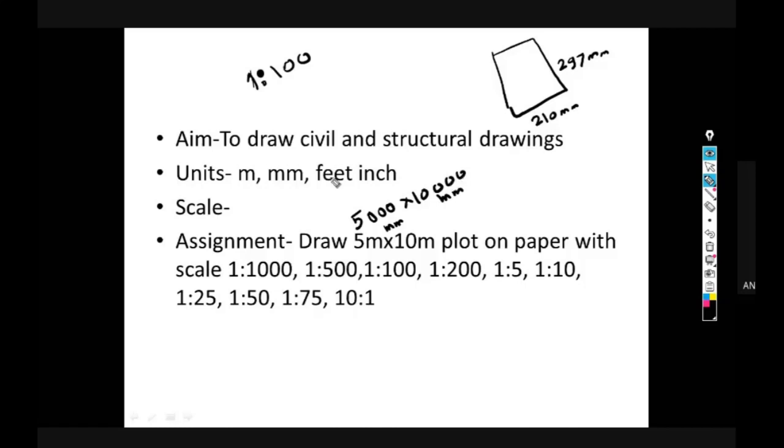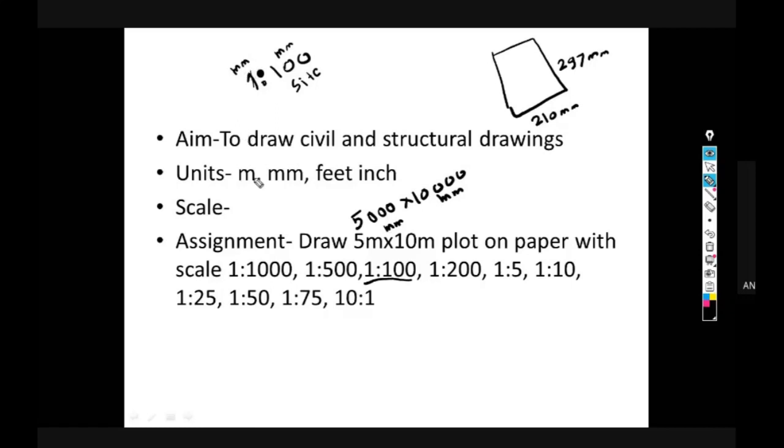Now our aim is to fit this plot size on A4 paper using these units. So 100 is on the site, right? If 100 mm is on the site, that means 1 mm is on the paper.